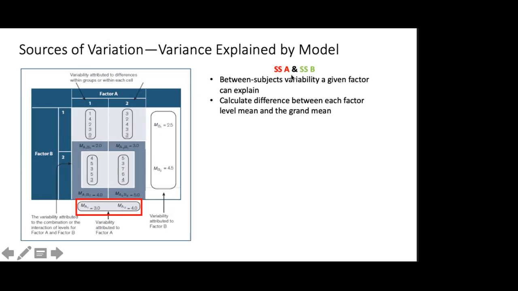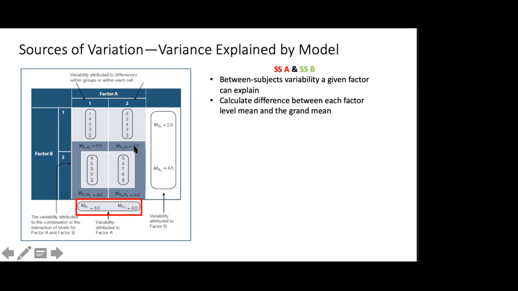So basically, the sum of squares for factor A is the variability that can be attributed to factor A. That is just the variability between the group means, right? So we take this cell mean and this cell mean, and we calculate the average of the two. So 2 and 4 are just 3.